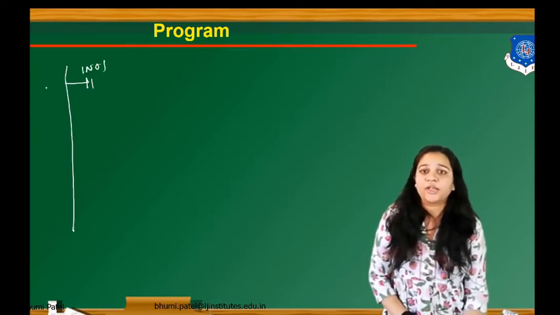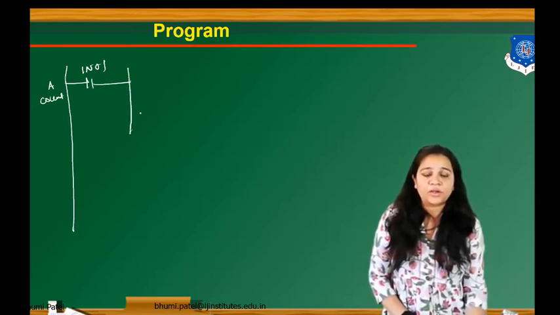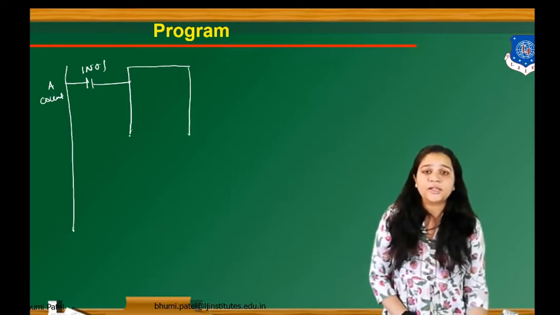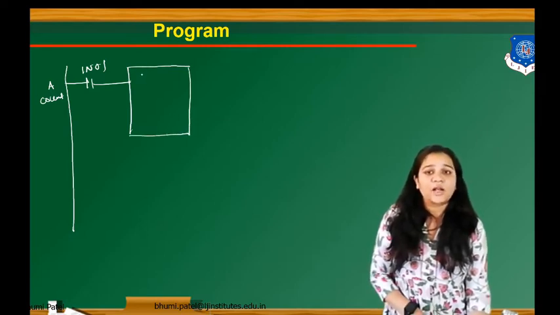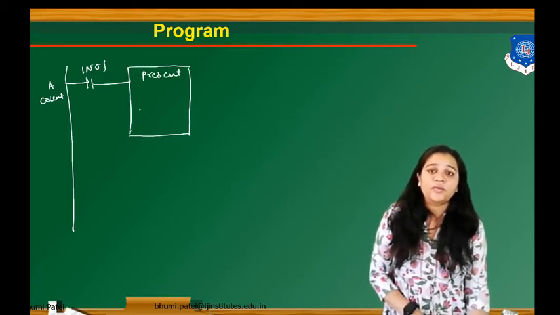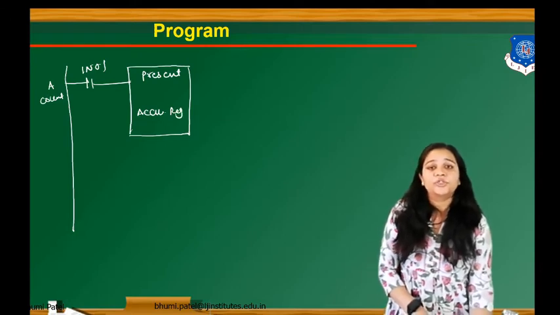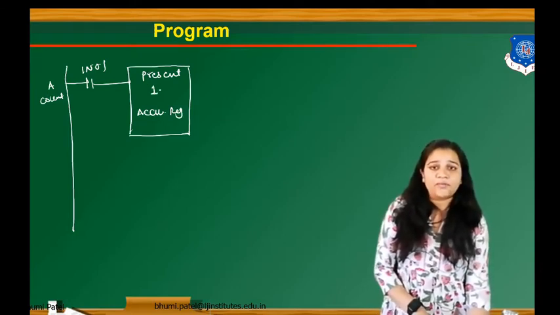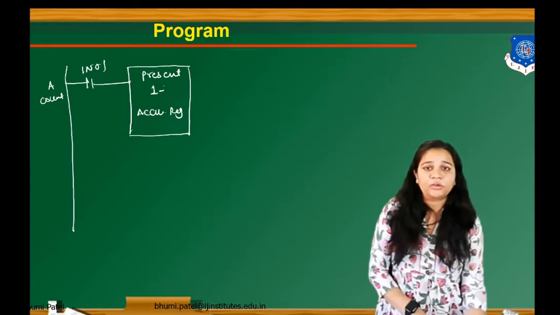Whenever the input is on, my counter counts. Now what is the syntax of the counter? For this counter, we have to write the preset value here, and here we write the accumulator register. The preset value is 11 for the A input.